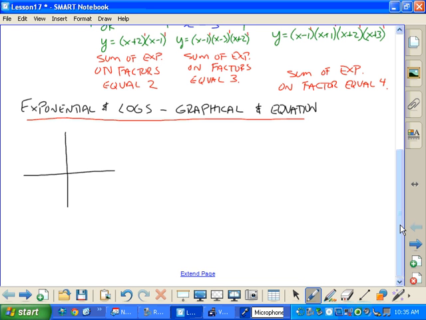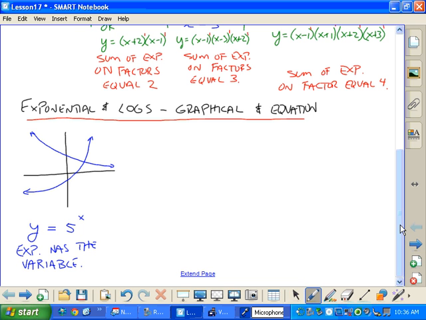You could get an exponential that looks like that, a decreasing, or you could get one that looks like that, increasing. And your equation is going to be y equals some number, so let's go 5 to the exponent x. So the exponent has the variable. If you see that the variable is in the exponent, then you have an exponential function.